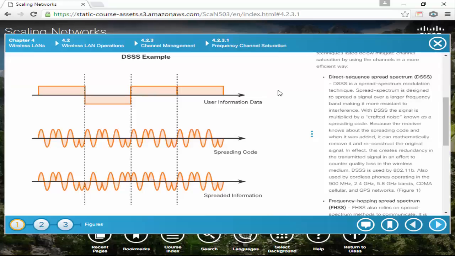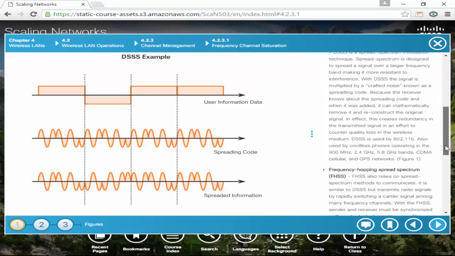Because the receiver knows the spreading code, and when it was added, it can mathematically remove it and reconstruct the original signal. In effect, this creates redundancy in the transmitted signal in an effort to counter the quality loss in the wireless medium.